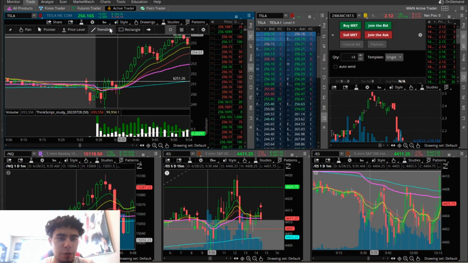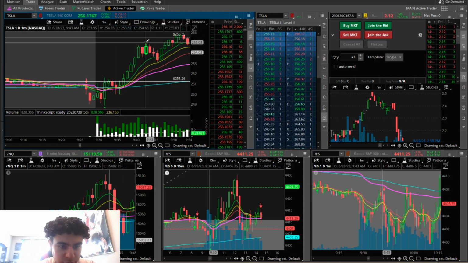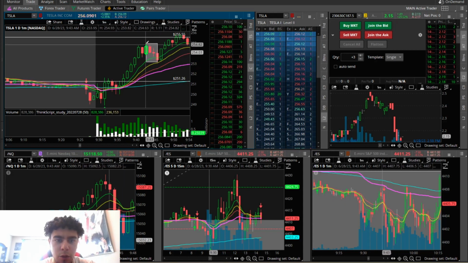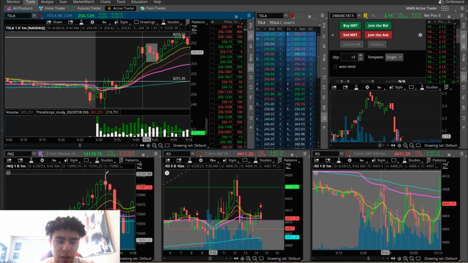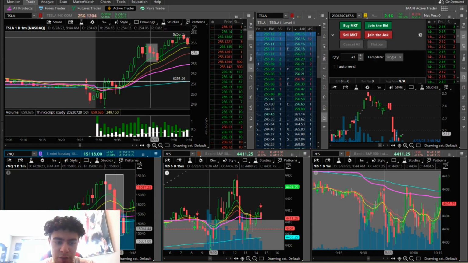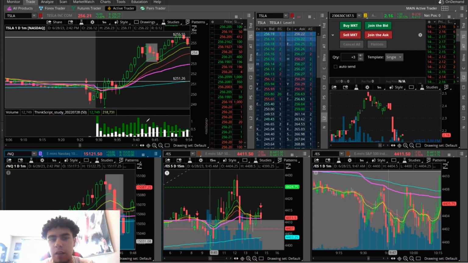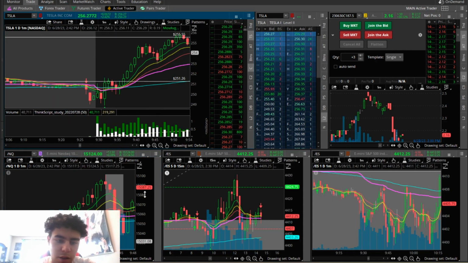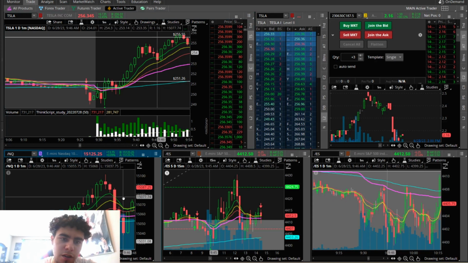So here's a good example. Tesla right here, that's a pretty small pullback, and in this time frame, look at how much NASDAQ pulled back. It gave up almost the entire gains of the day. So this shows you that during this time, Tesla is holding up way better than the NASDAQ.